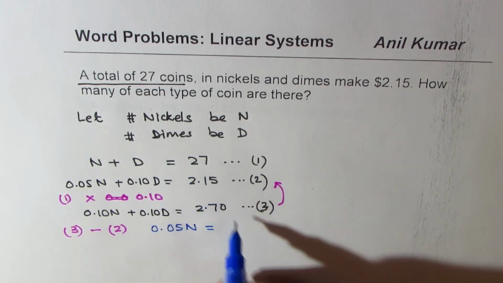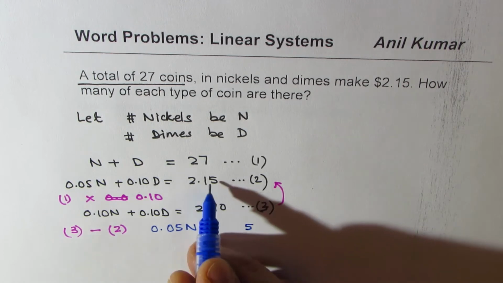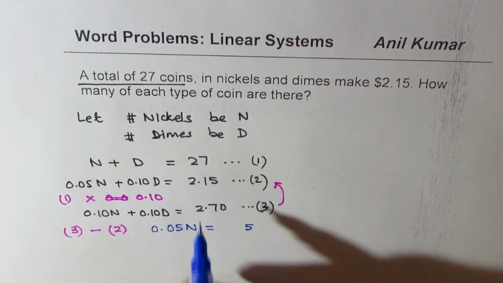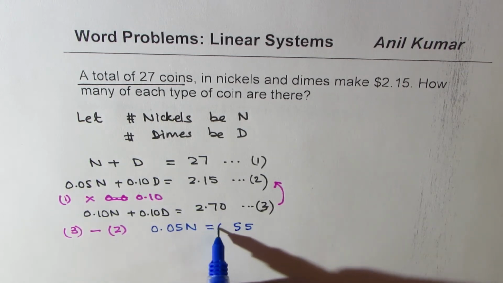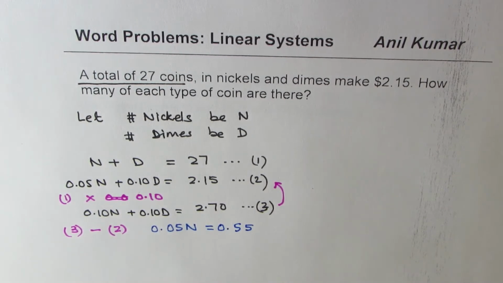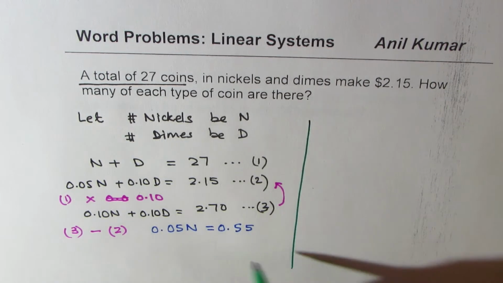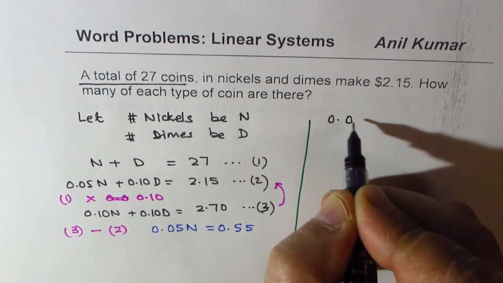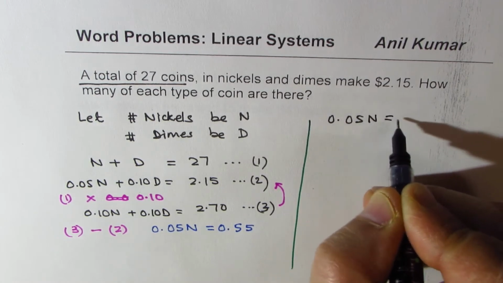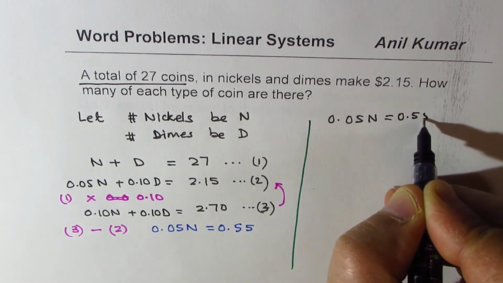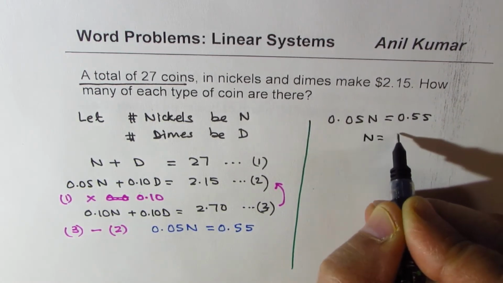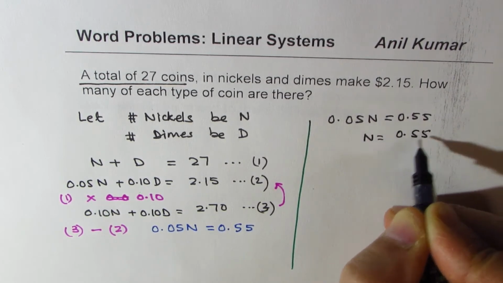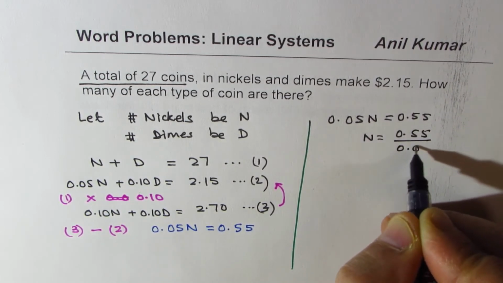So when you subtract, you get 0.55, correct? And from here, you can find the amount of nickels. So let me rewrite this equation. We have 0.05 nickels is equals to 0.55, or the nickels is 0.55 divided by 0.05.